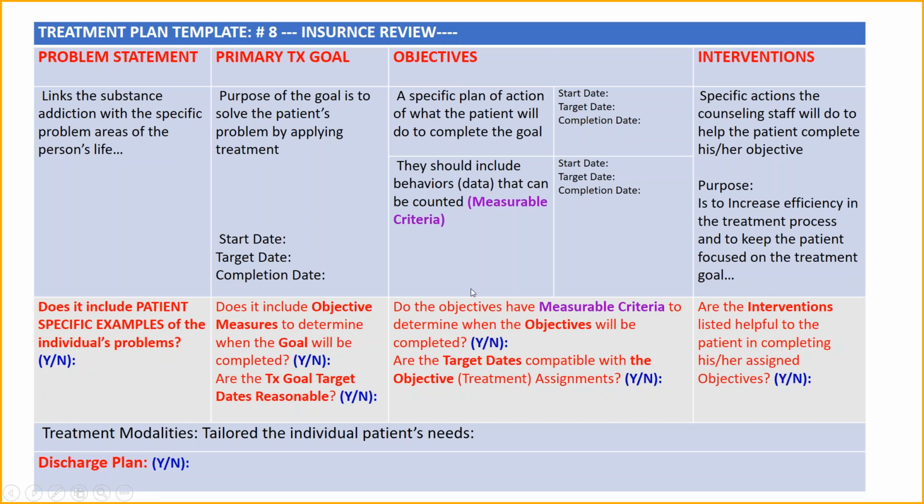On the objectives, we look at, do they have measurable criteria? And I'm going to share a sheet with you a little bit down the road to delineate what I mean by measurable criteria. This is another confusing area. And are the target dates compatible with the assignment?